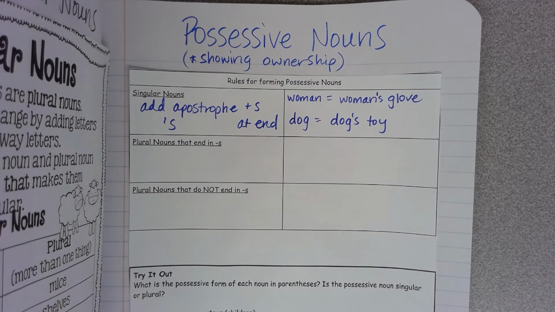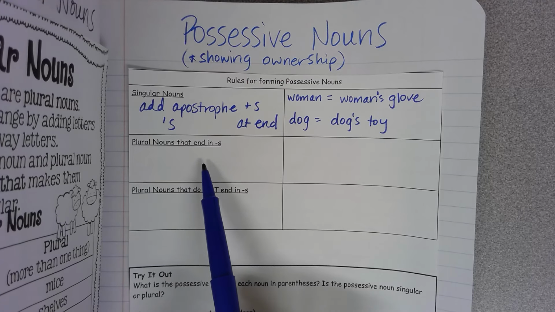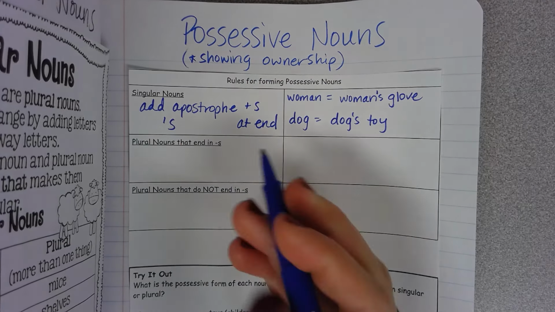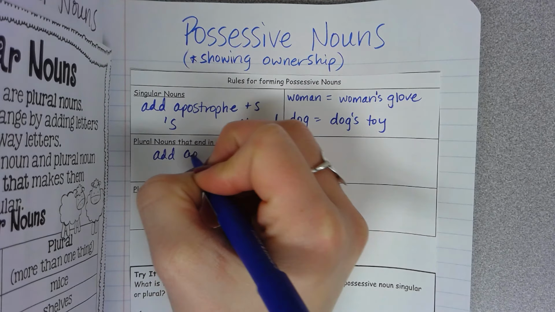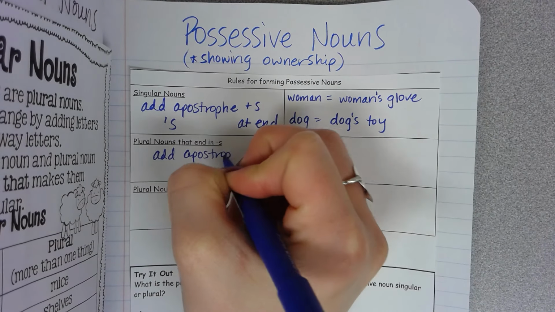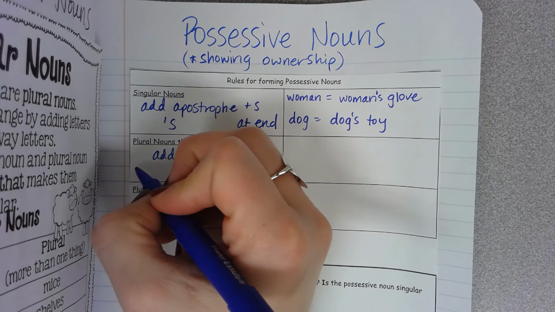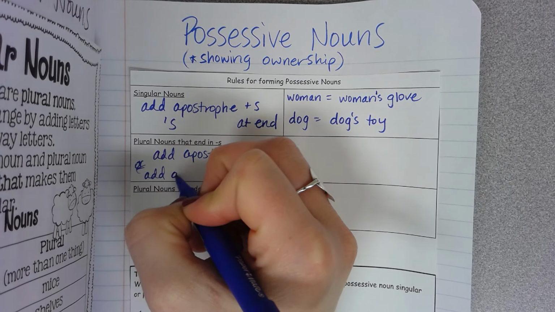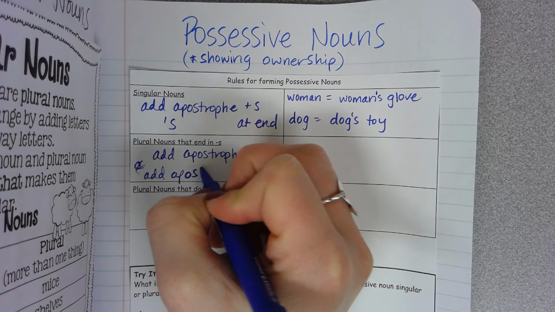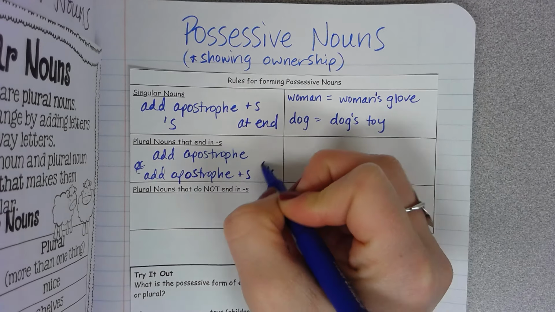Okay, now plural nouns that end in S. You are going to add an apostrophe. So you'll probably see it two ways: with just an apostrophe at the end, or you can add an apostrophe plus S at the end.